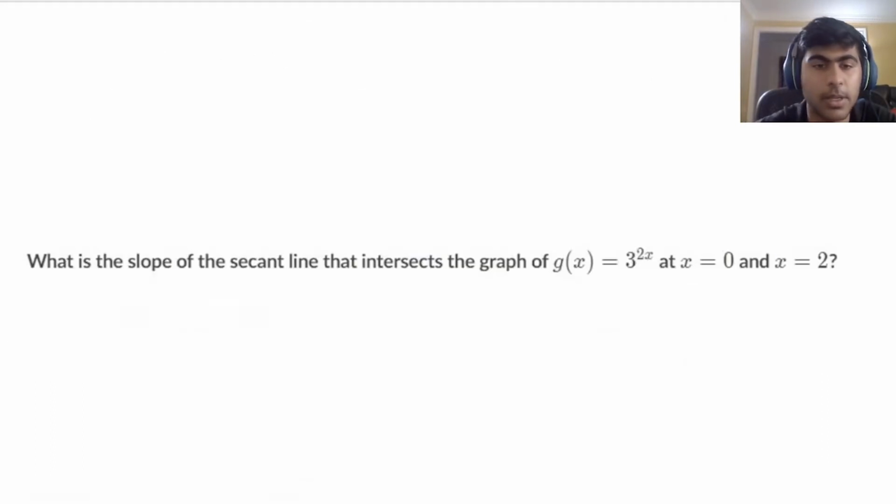Let's keep going. All right, so we're asked for the slope of the secant line that intersects the graph of g of x equals 3 to the 2x at x equals 0 and x equals 2. And this whole slope of a secant line thing, that might sound like some fancy wording there, but all that really means is the same thing as this average rate of change, right?